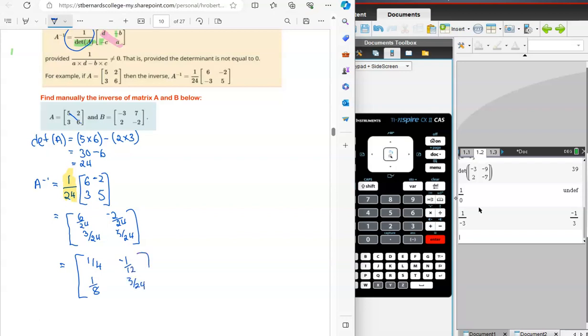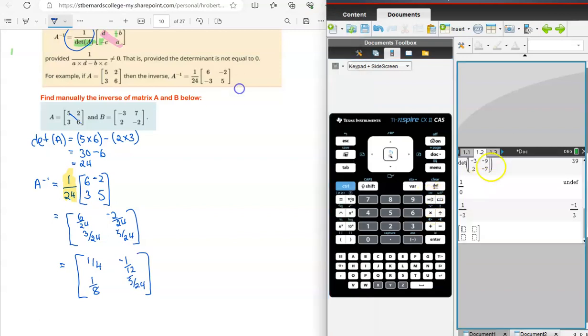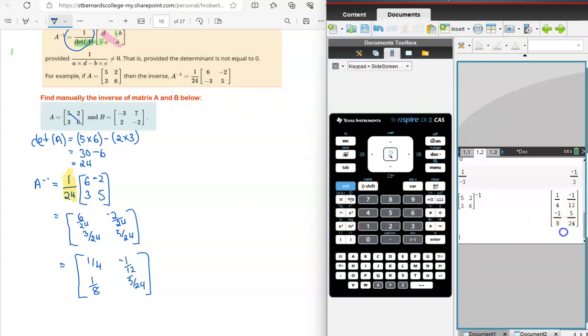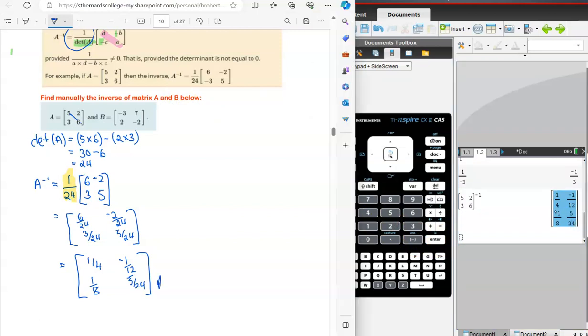So just to check that I'm correct, I'm going to pop that matrix A over here in the calculator, and I'm going to check that that's what my inverse is. So I'll put it to the power of -1, press enter. So you can see over here, we have the same matrix that we have here.